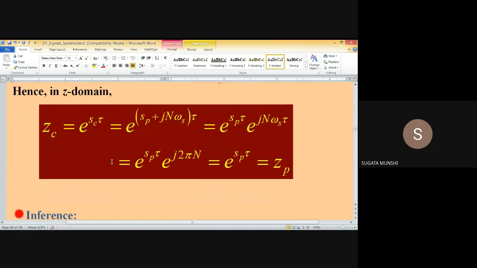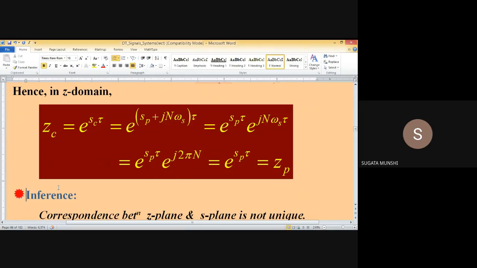So this is the situation in the Z domain. Doesn't it show that the left half of the primary strip will map onto the complete interior of the unit circle centered at origin in the Z plane?